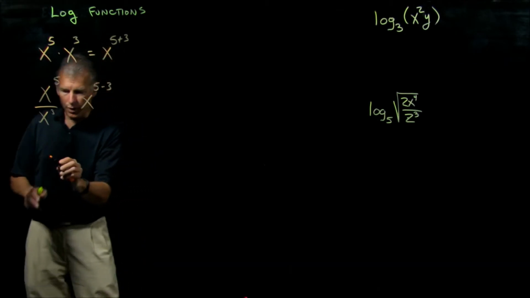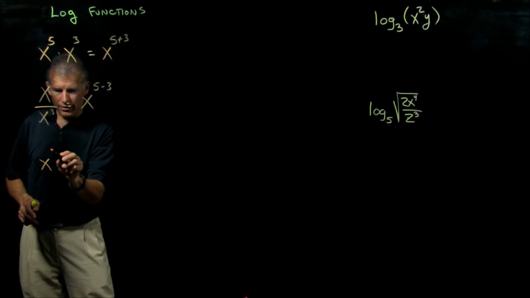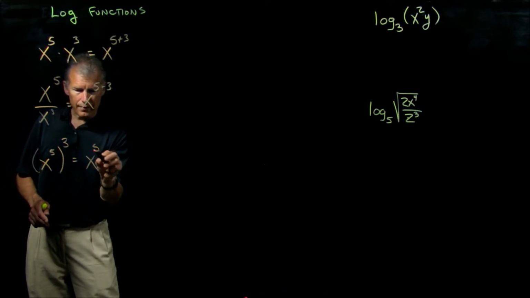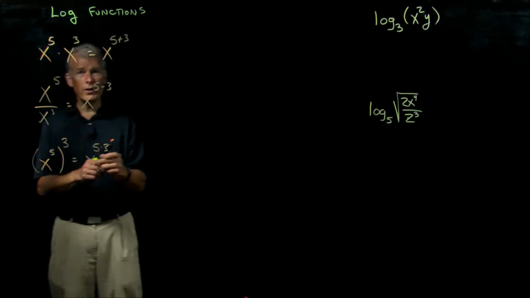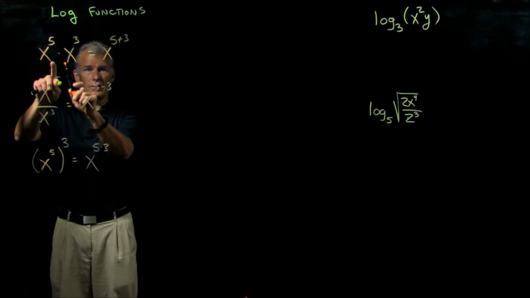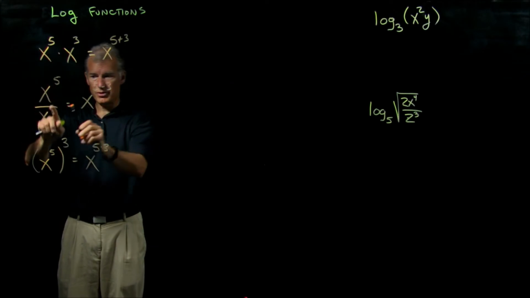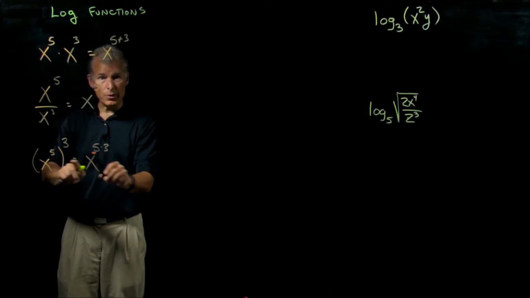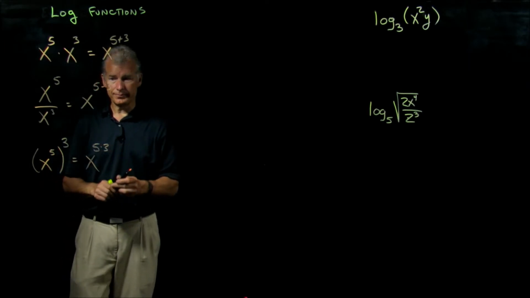And then the other property, if I had x to the 5th raised to the 3rd, then I go 5 times 3. So quickly, multiplication, the shortcut was to add the exponents. Division was to subtract. Raising an exponent to another exponent is to multiply, right?